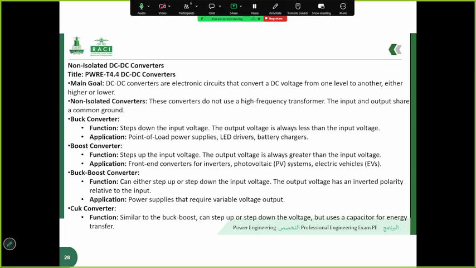This versatility makes it suitable for applications where the input voltage may fluctuate above and below the desired output voltage. Similarly, the Cuk converter can also step up or step down the voltage, but it transfers energy using a capacitor, resulting in a continuous input and output current, which can be advantageous in certain applications.